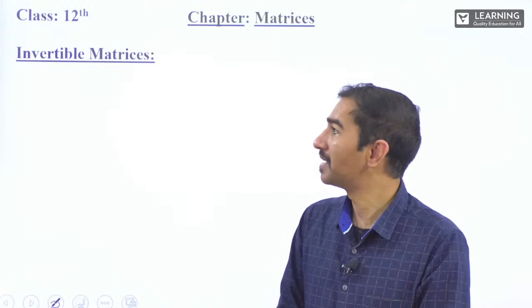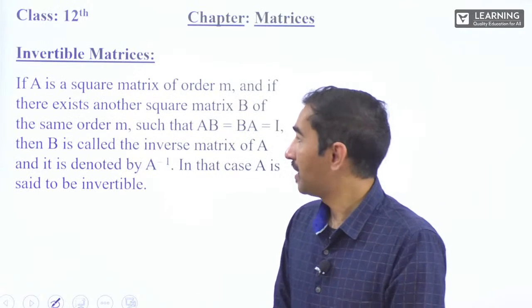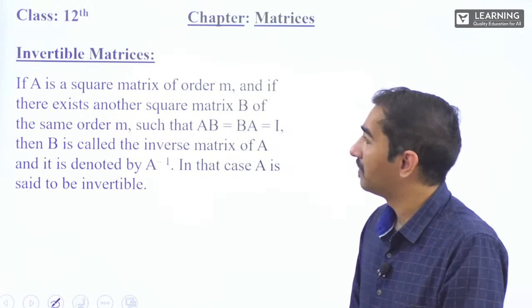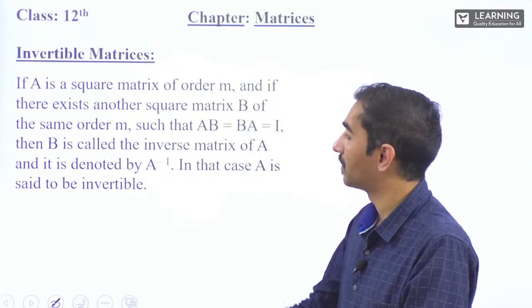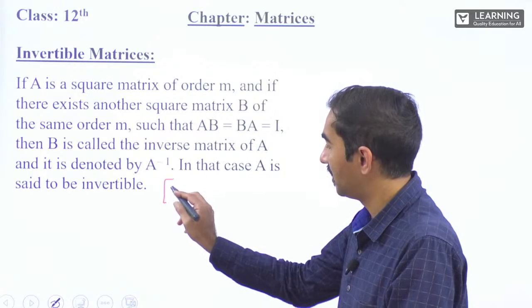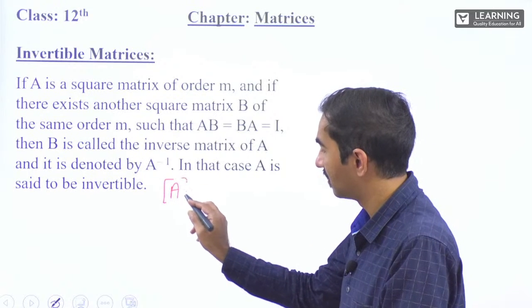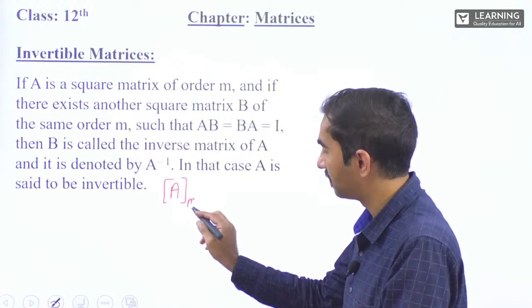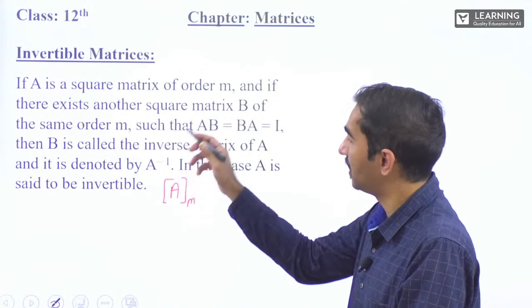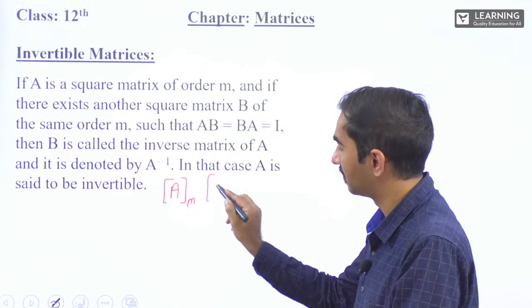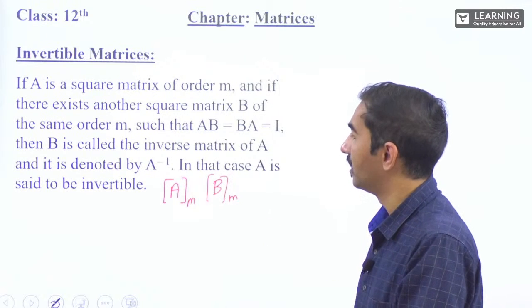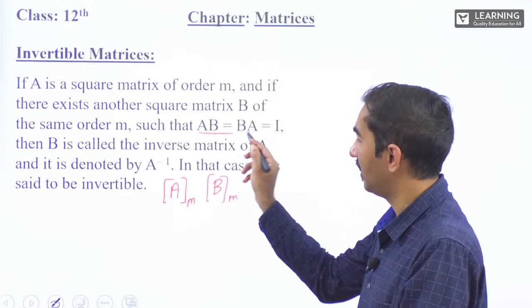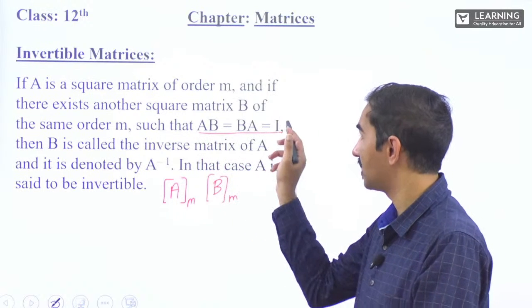So what are invertible matrices? If A is a square matrix of order m and there exists another square matrix B of the same order, such that AB equals BA equals I. What is I here, students?